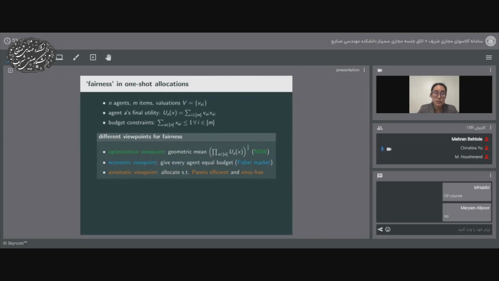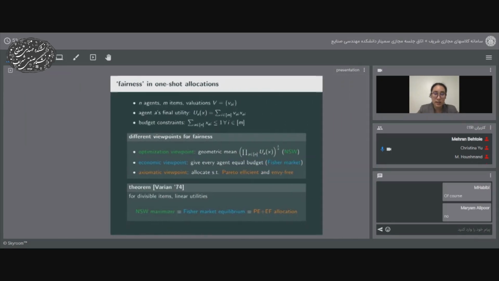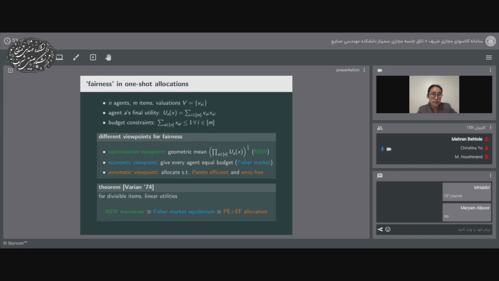So this kind of shows you there's these three different viewpoints of fairness. And the very beautiful theory that Varian proved back in '74 is that when you have divisible items and linear utilities, these three different perspectives lead to the same outcome.